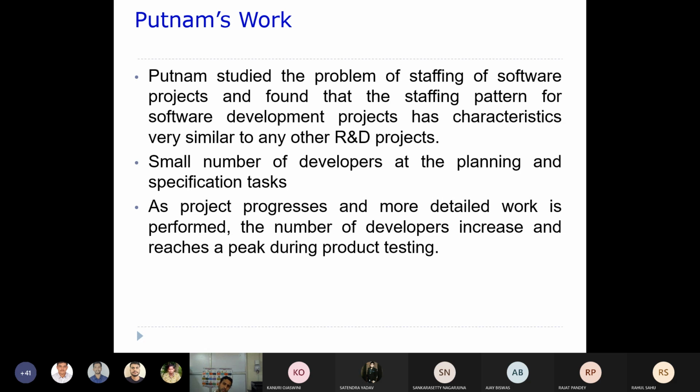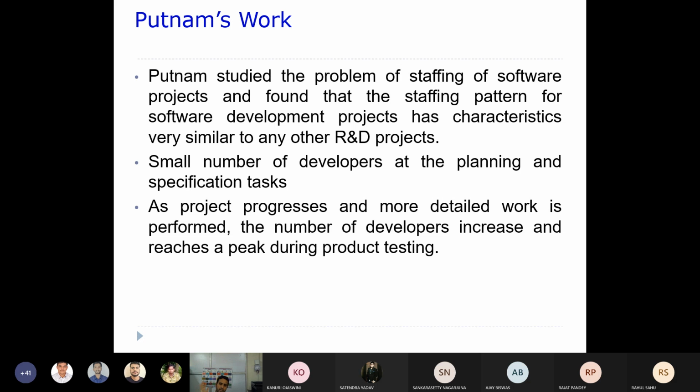So as the project progresses and more detailed work is performed, when we go towards design and coding, we require more developers. And we have seen that during product testing you require more people, right?